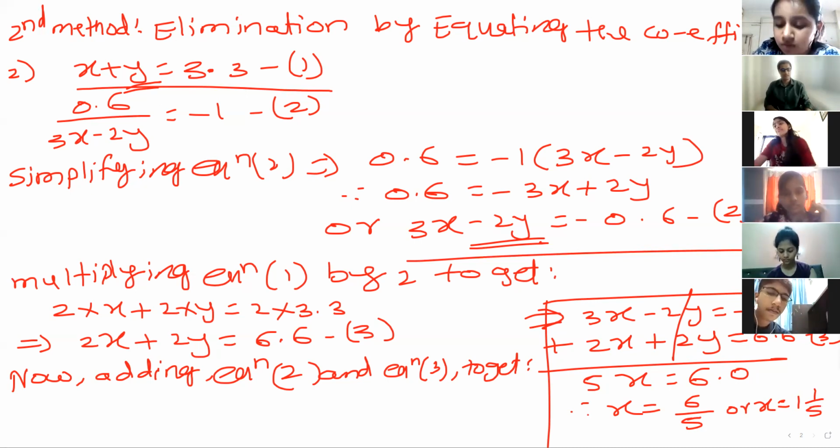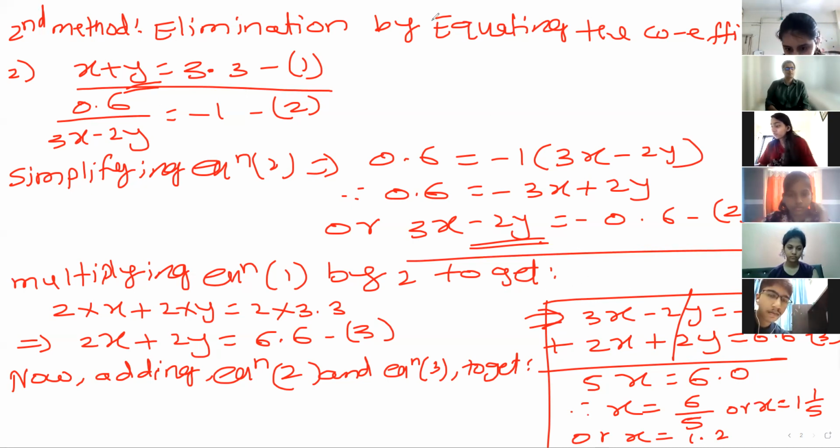However you want to write, or you can write x is equal to 1.2 also. That is also possible, because in the equation itself, they have given decimals. All right. Then once you get the value of variable x, what is the next step?